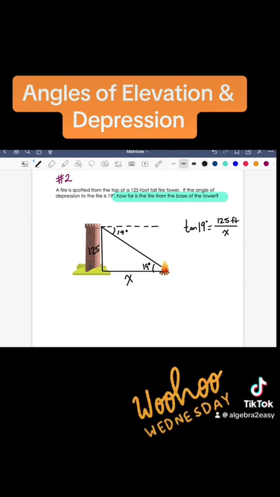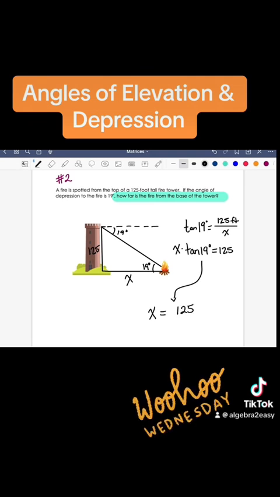So just like we solved the last problem, you're going to multiply both sides by x first. So we're trying to isolate that variable, and the first step is to get it out of that fraction. Now we are going to divide both sides by tangent of 19 degrees.